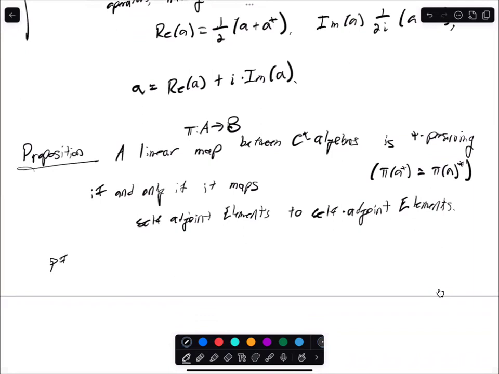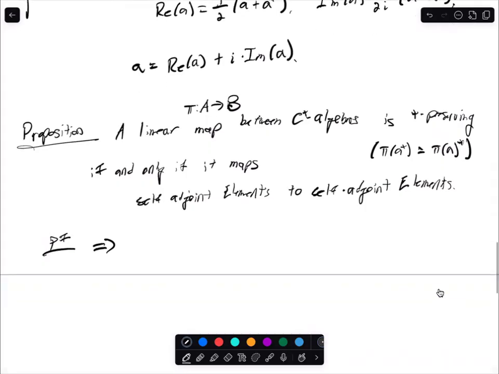So we can take a proof. The forward direction is rather obvious, right?